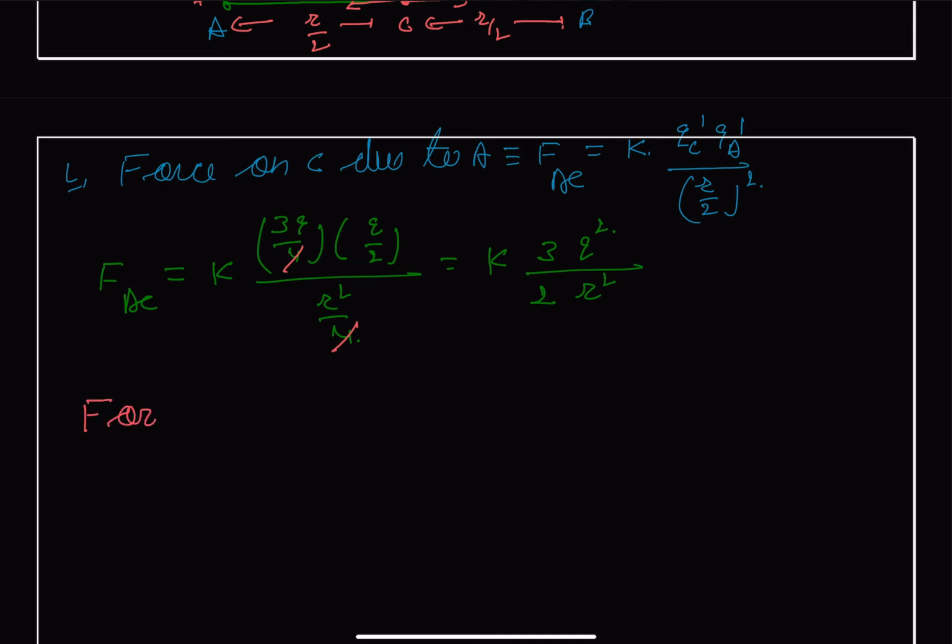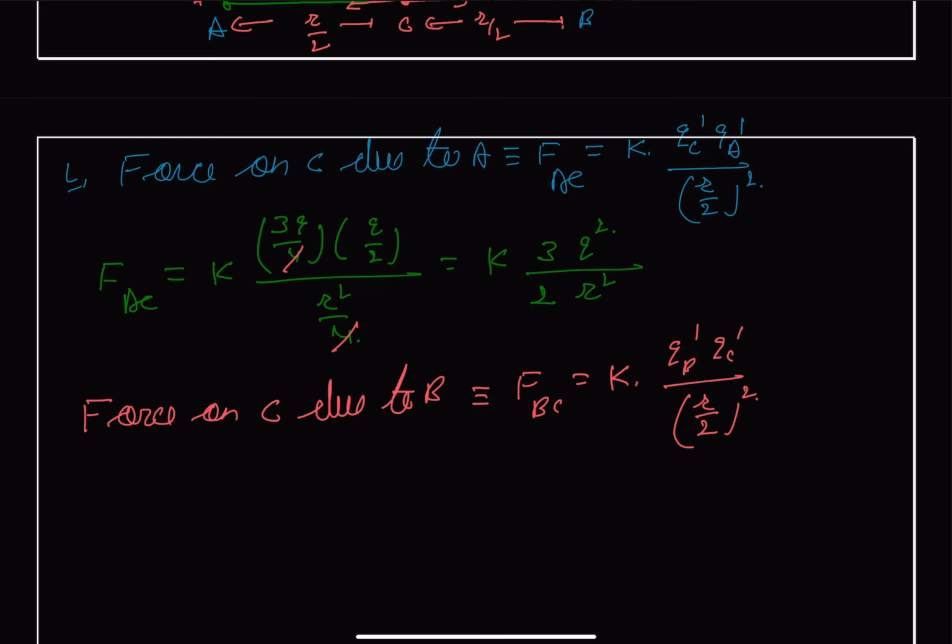Force on C due to B. Let us call this F_BC, which will be equal to K times Q_B prime multiplied by Q_C prime divided by (R by 2) whole square.